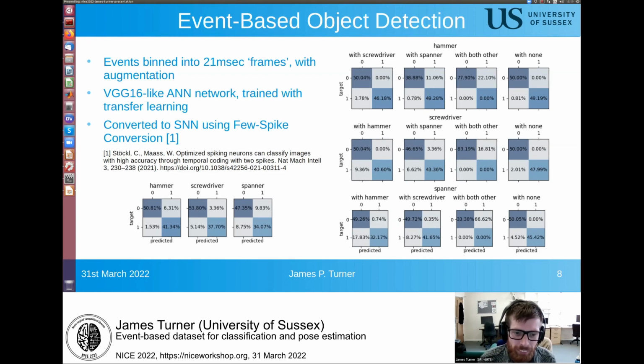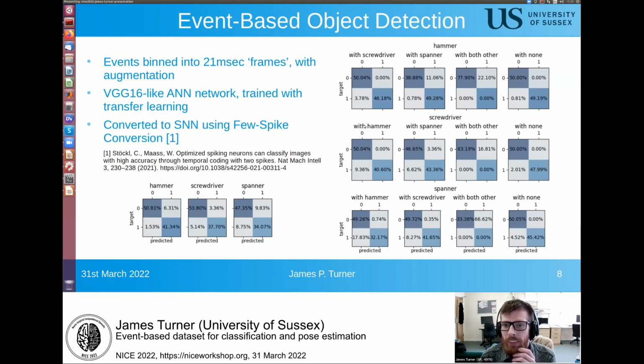We get 89% accuracy overall on this particular model. The bottom left is multi-label classification, and this is per-prop confusion matrices.